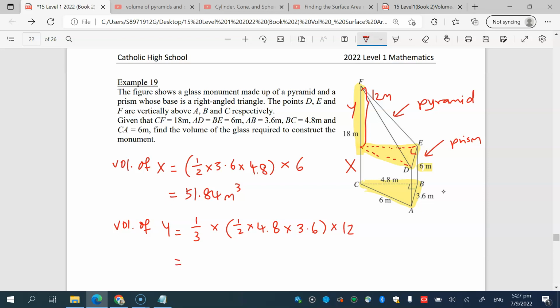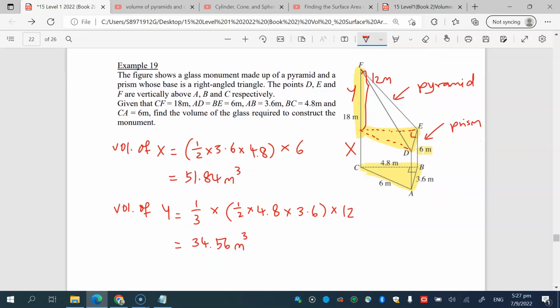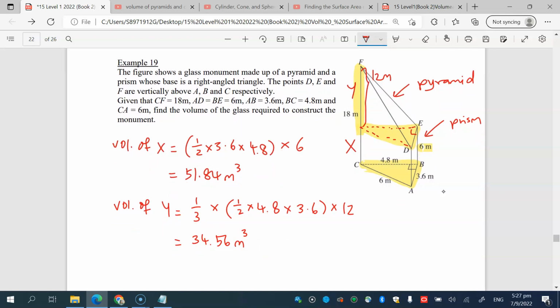Then you press calculator. And the final answer is 34.56 meters squared. No, meter cube. Okay, so find the volume for the whole thing. Total volume, you just have to add the two together, 51.84 plus 34.56.